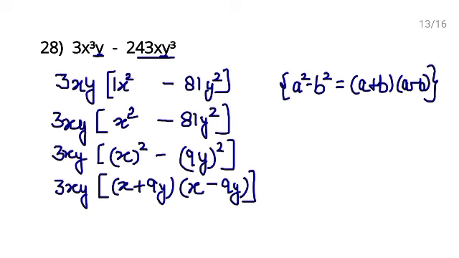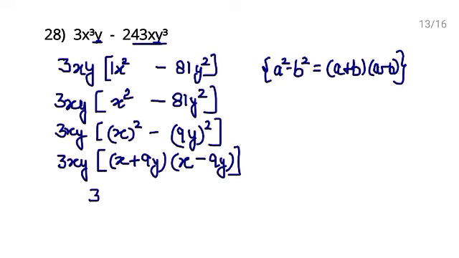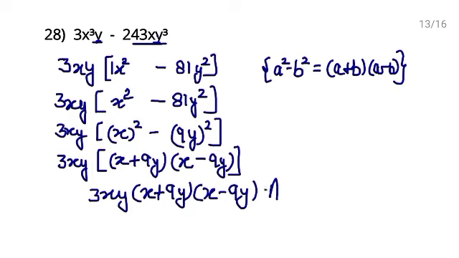Now open the bracket. This is equal to 3xy into (x plus 9y) into (x minus 9y). This is your answer.